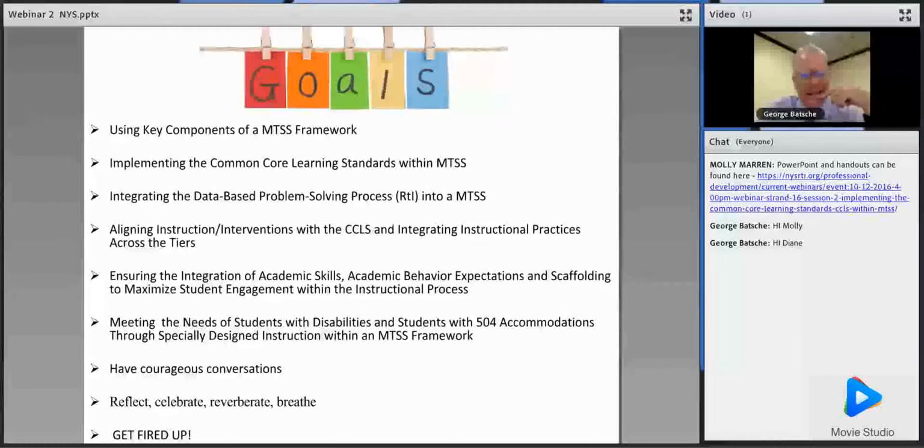We're going to start some of that today. Ensuring that we integrate academics and behavior to maximize student engagement. Where do students with disabilities fit into this? Students with 504 accommodations, specially designed instruction. Hopefully we have courageous conversations with ourselves, maybe. Reflect, celebrate, reverberate, and breathe a little bit, and get fired up about this.